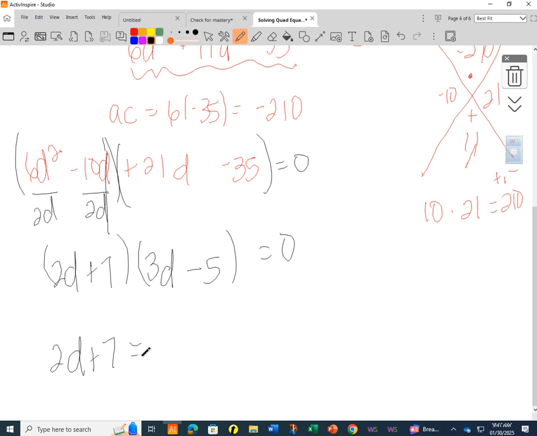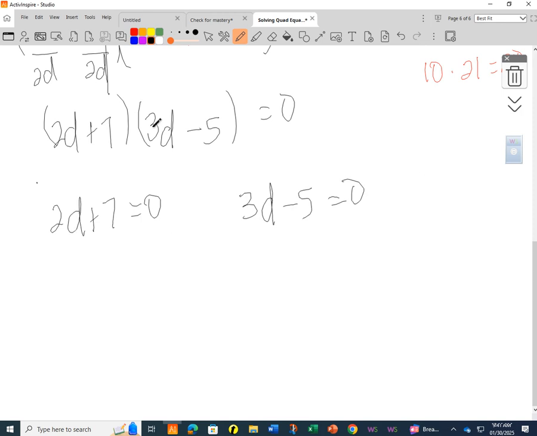Just write equals 0, that's right. What's the other factor? Corey? So 2d plus 7 is one factor. What's the other factor, Ulrich? 3d minus 5 is 0. The other factor is 3d minus 5, and to set that equal to 0, we just write equals 0.